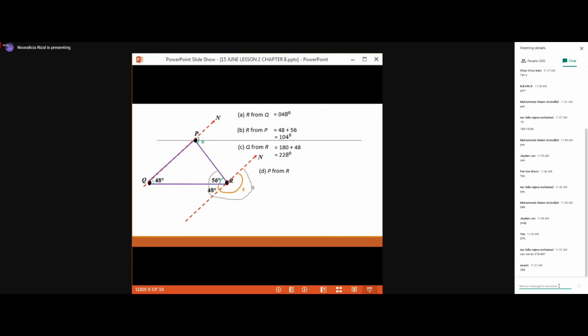Okay, good. Let's see. 270 minus 48. Asia, the theta is the whole thing here, you know?